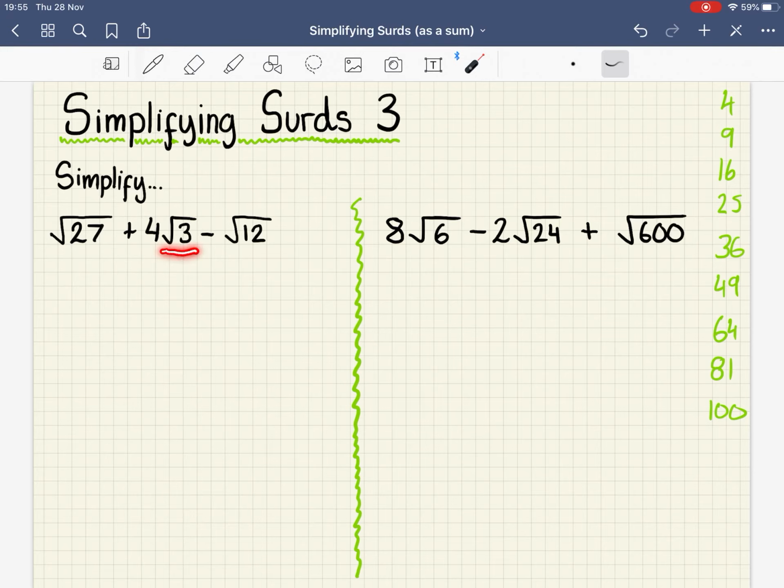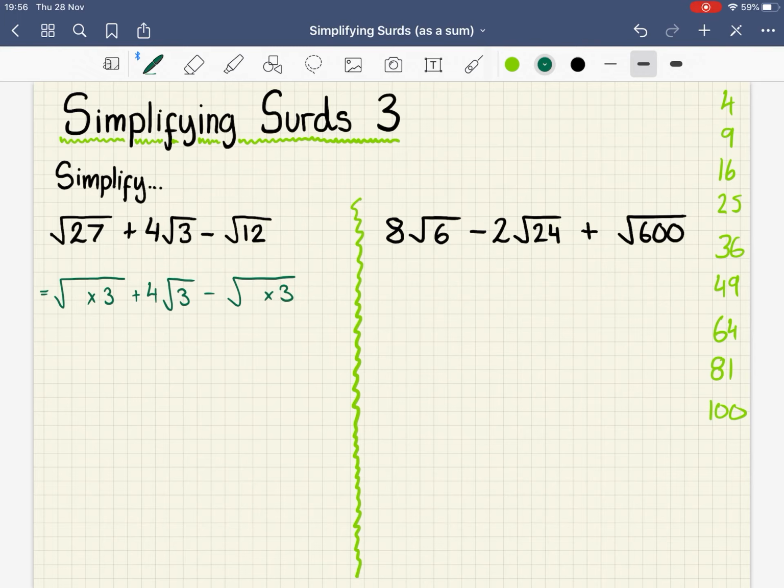And first way I need to think is, can I divide it by any of my square numbers? And clearly, because it's less than 4, I can't. So I know instantly that root 3 is my simplest surd. And therefore, everything will be able to multiply with a square number and root 3.